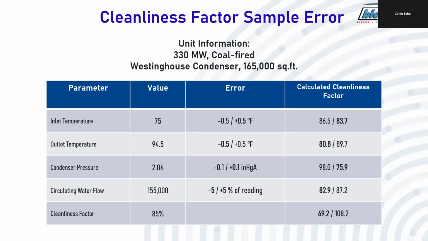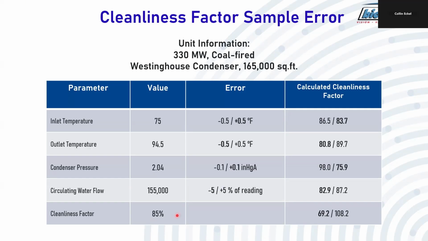Before we get into ASME's recommendations on monitoring accuracy, let's run through an error propagation exercise. I wanted to show some of the possible errors in the calculated cleanliness factor from the error in the individual measurements. This is a sample calculation from a medium-sized Westinghouse condenser.